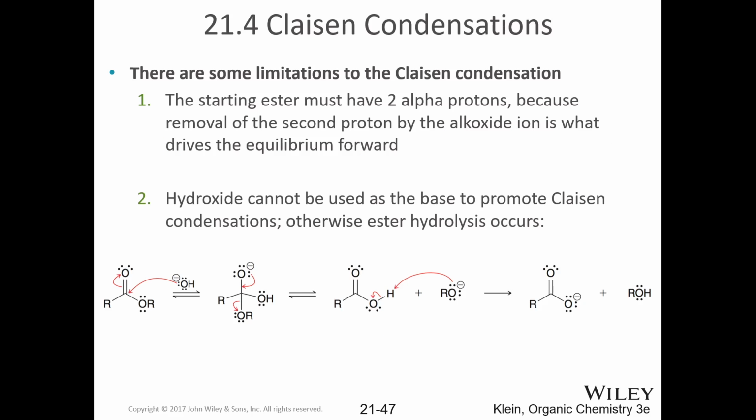Can't use hydroxide. As I said, your base needs to match the ester because otherwise you're going to hydrolyze this, and this is not making an enolate. No enolate. Ever. Why? Because this is a resonating anion.